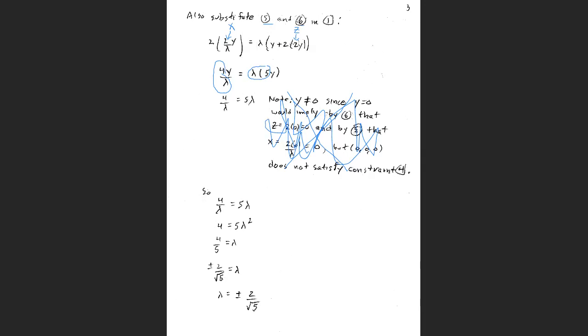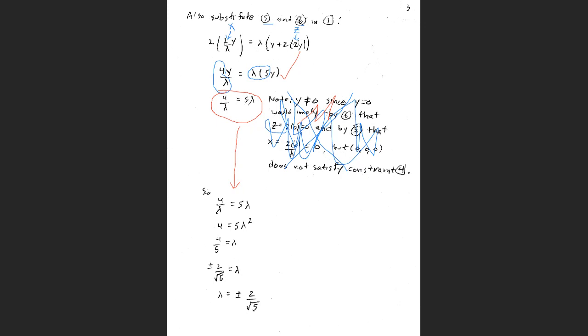When I say 4 over lambda equals 5 times lambda, I didn't divide by y here. So that comment is not relevant. That's less for you to copy, right? So 4 over lambda equals 5 times lambda.